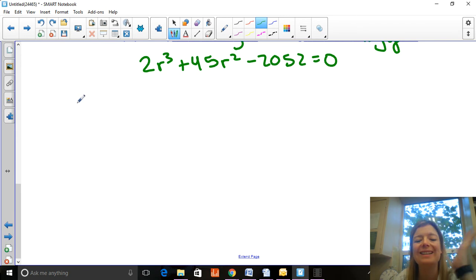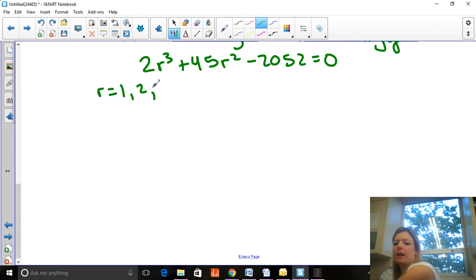So there's no point in testing negative values because radius has to be positive. So we can test 1, 2, and you can figure out, is this divisible by 3? You go through and see what it's divisible by. But you only need to include positive values because the radius needs to be positive within this realistic situation.